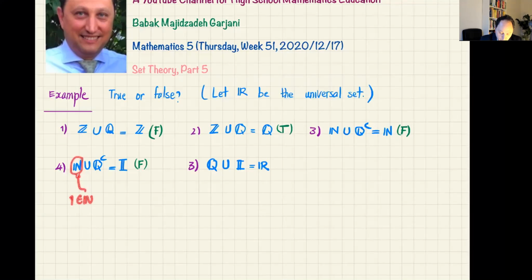When 1 belongs to this part, definitely it also belongs to the union, because when we union two sets, we are appending the elements. So if 1 is already there, it will remain in the union as well. At the end, 1 belongs to this, but 1 does not belong to the irrational numbers. So this is why that's also false.